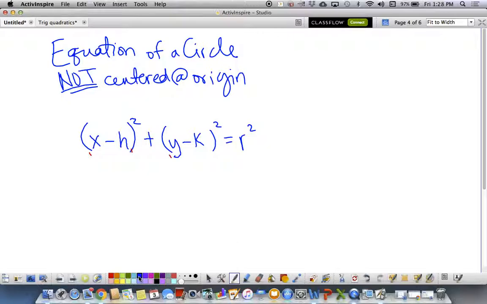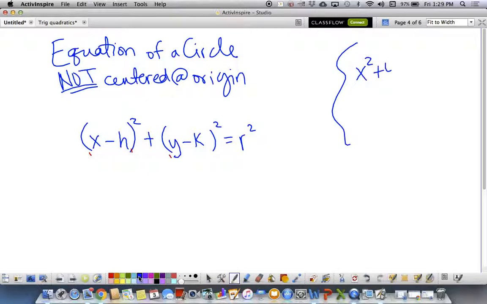What's x minus 0? Anything minus 0 is just that number, so x minus 0 is still x squared, and y minus 0 is still y squared. Maybe you remember from algebra 2, if you have things in parentheses with the x, you take those parentheses and set them equal to 0.